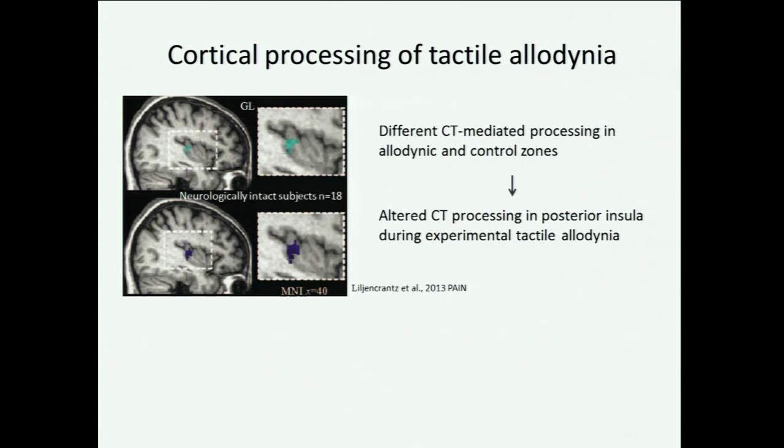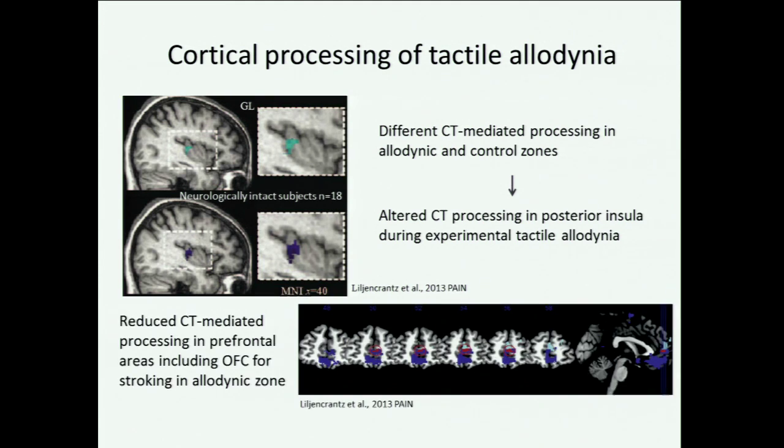There's no painful sensation, nothing painful, but the C-tactile processing seems to be altered in the allodynic model. And we also found reduced processing in the prefrontal cortex for stroking in the intended allodynic zone in GL. And we saw an altered processing in the same prefrontal areas in healthy subjects when we stroked in their allodynic zone.